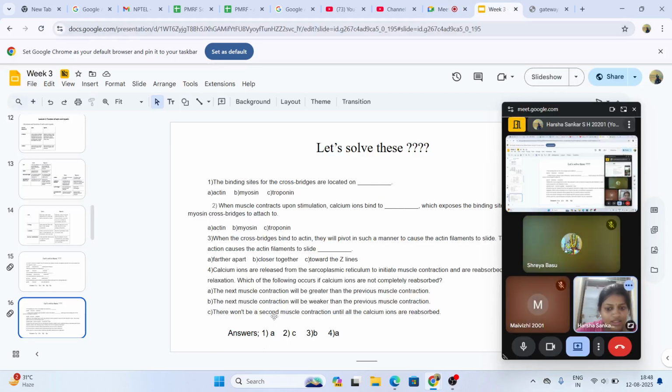Yeah. So correct answer is actin only, because troponin has sites for calcium, one for actin and one for tropomyosin. Binding site means the active site. Active site is present on actin only. So correct answer is option A.